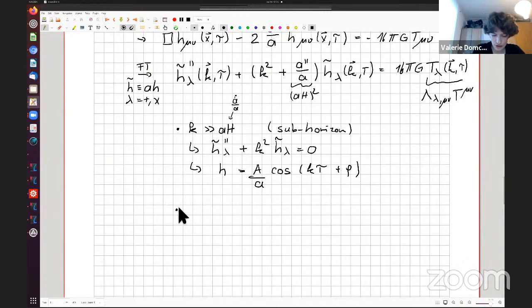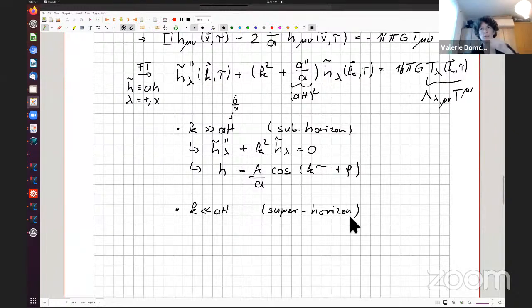Now if we go to super-horizon scales, the opposite limit, we can neglect the k in this expression and only keep a double prime over a. This is the super-horizon limit. Now we're thinking of gravitational waves which have a size bigger than the horizon of the universe, and in this case something more strange happens. You can rewrite the equation as 2a prime h lambda prime plus a h lambda double prime equals 0.